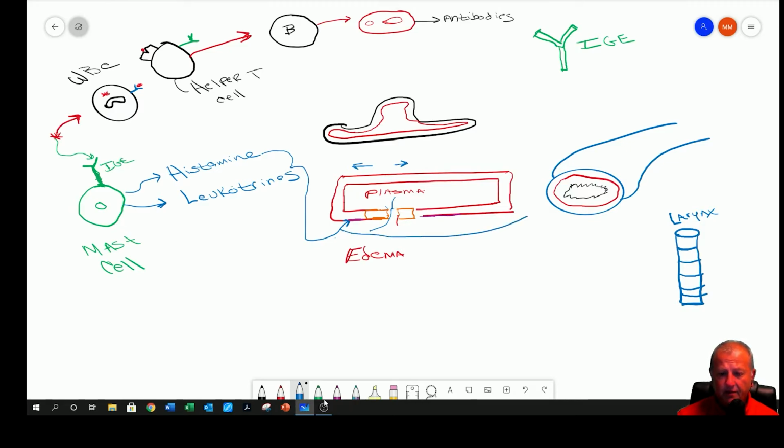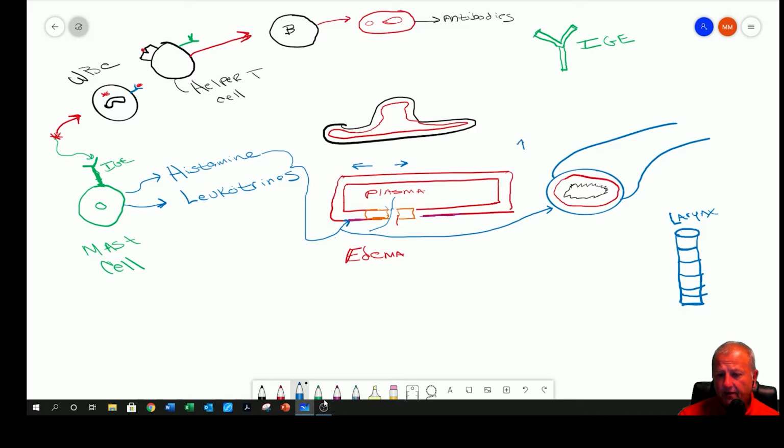Let's move over here to the bronchioles real quick. This edema is going to affect the bronchioles, specifically the mucosa, where the mucous membranes are found as well.